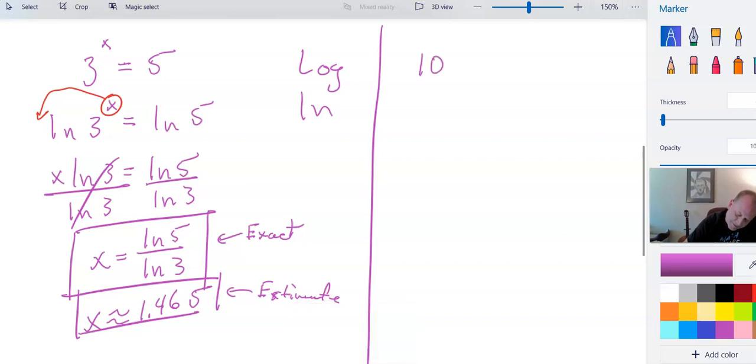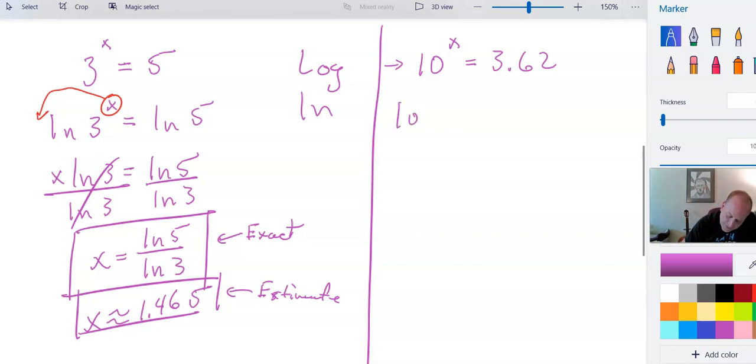Let's say we have 10 to the x is equal to 3.62. Now, you can definitely take the log of both sides, no problem. But you notice this number has a base of 10; 10 to the x is an exponential base 10. If you use the log base 10, you get an answer a lot quicker.